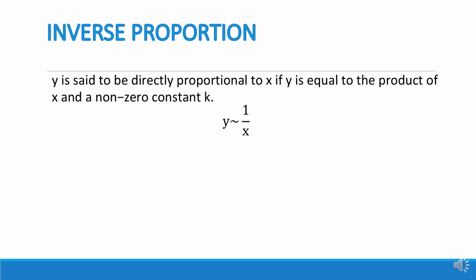Thus, if y is directly proportional to 1 over x, we have the equation y equals k multiplied by 1 over x, or equivalently, the product of x and y equals k. And that equation is used to describe the inversely proportional relationship of the two variables x and y.